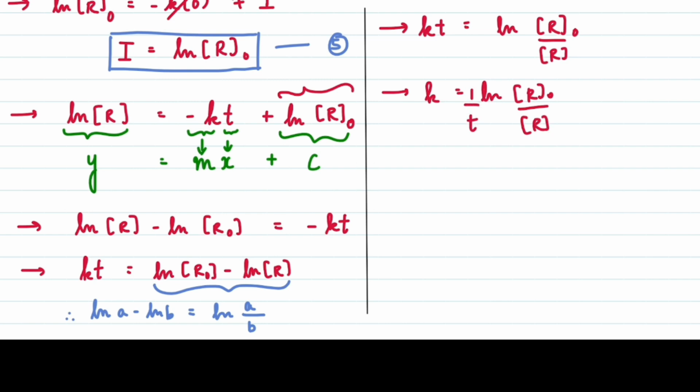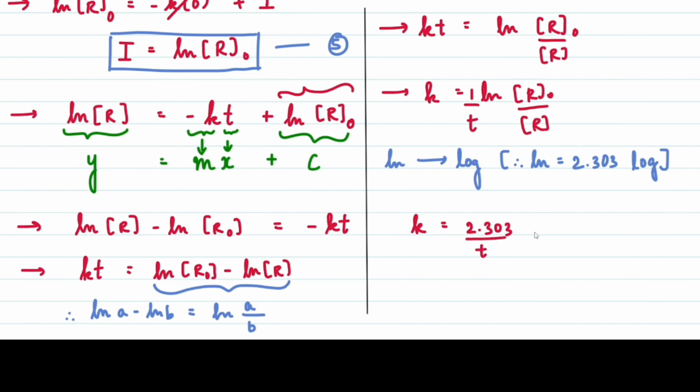Here we have another conversion: ln can be converted to log. The conversion is ln is equal to 2.303 log. So by substituting this value, we will get k is equal to 2.303 by t log r naught by r.